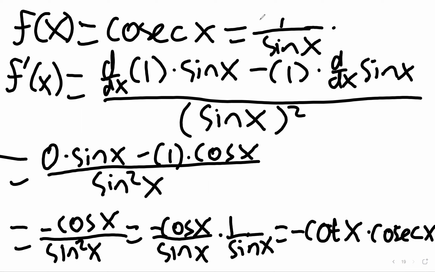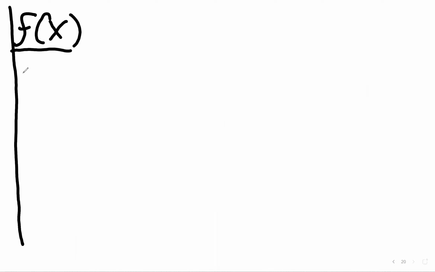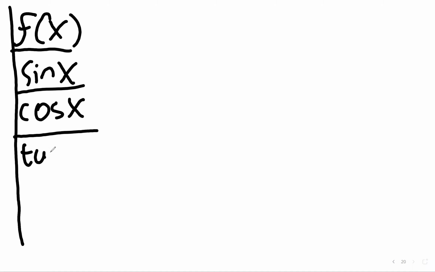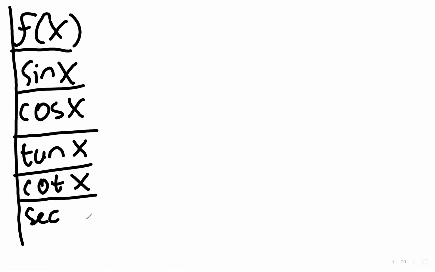It's important. So now let us summarize all the derivatives of important trigonometric functions. I will summarize it in the following table. f of x is given here: sine x, the second is cosine of x, then tangent of x, cotangent of x, secant of x, and cosecant of x.